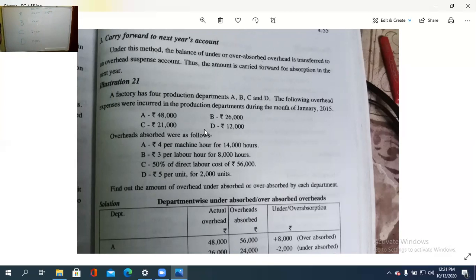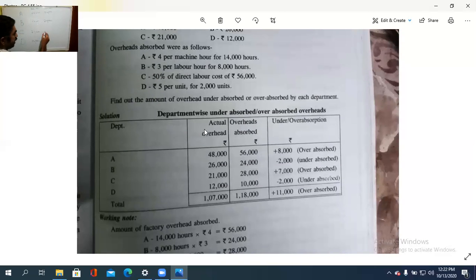Then 3 per labor hour for 8,000 hours, that is 24,000. Then C, 50% of the direct labor cost of 56,000, so 28,000. And last, 5 per unit for 2,000, so it is 10,000.